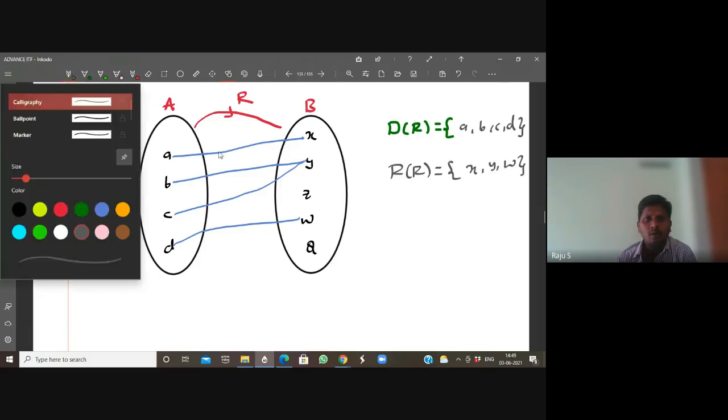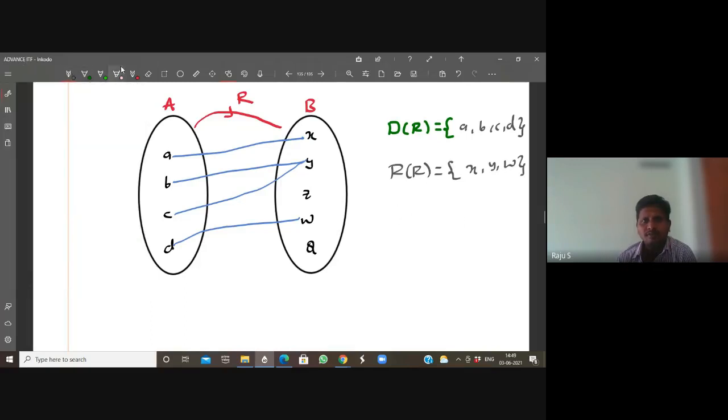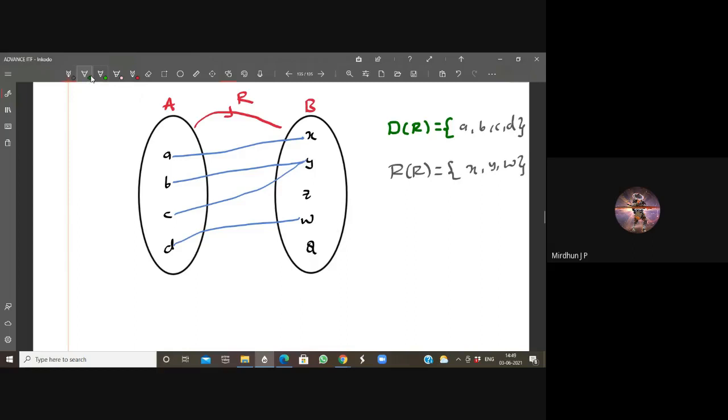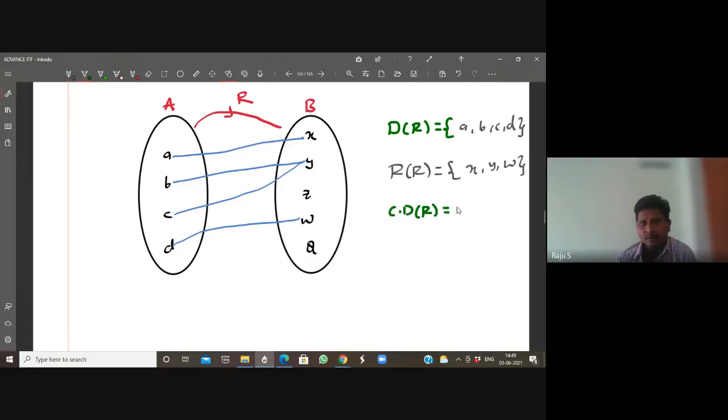What is the codomain of the relation? X, Y, Z, W, Q. The codomain of the given relation is all the elements. Codomain is always all the elements. Clear? Fine.